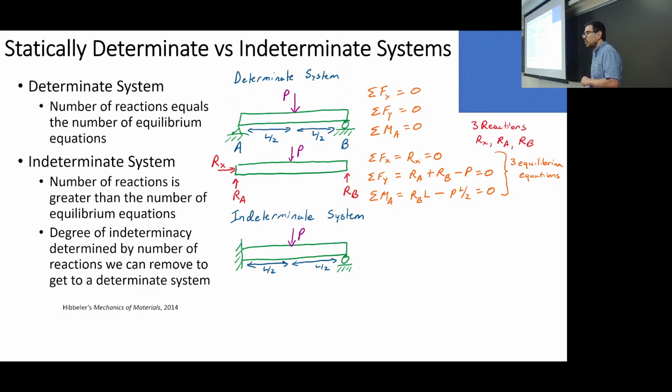Or maybe I should ask, what could we take away and have it be a determinate system? That's maybe a better way to say it. Or what constraint could we take away? And then it would not be the same system, but it would be determinate. It wouldn't have the same displacements or the same bending moments, but it would at least be something that we could consider to be determinate. Any thoughts?